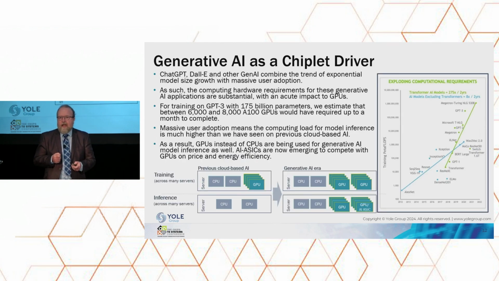So generative AI gets a lot of news lately with GPTs from various companies. These are huge consumers of semiconductor real estate in terms of processor demand. Not only do we have multi-core solutions for the CPUs, some graphical interfaces, and we see the evolution here where they've been graphical training solutions.